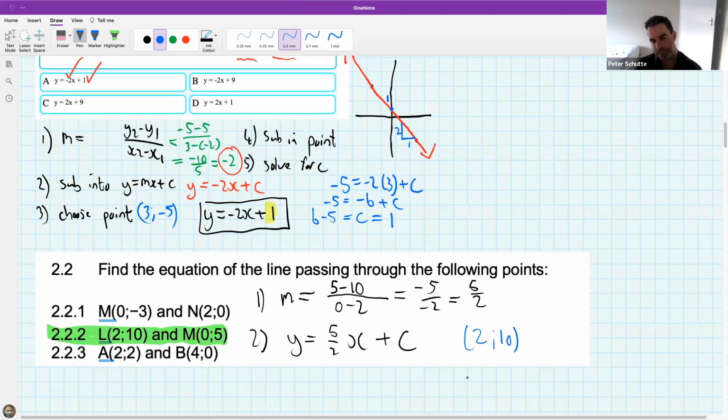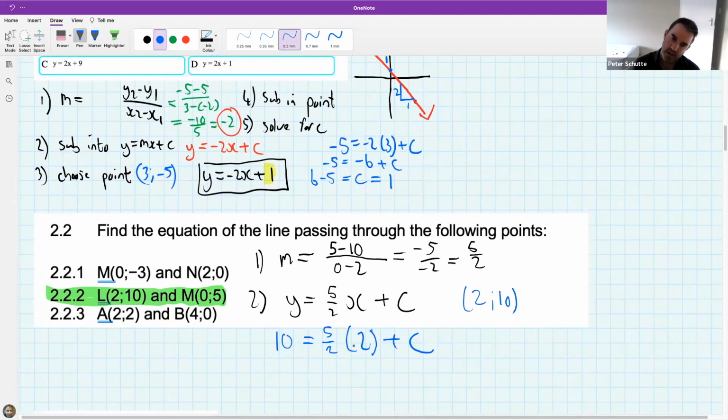Okay. I'm not going to put the step numbers in, but I know I need to sub in. So 10 is 5/2 times 2 plus c. And then if we multiply 5/2 times 2, we get 10 equals 5 plus c.